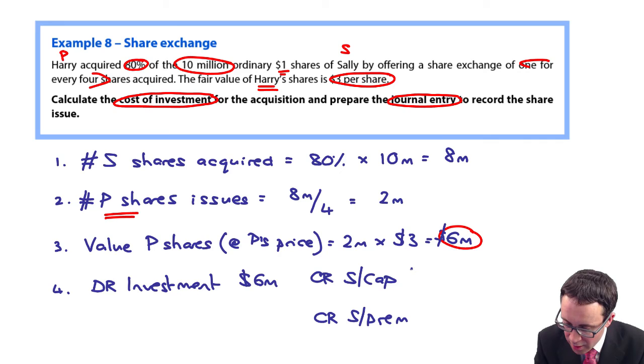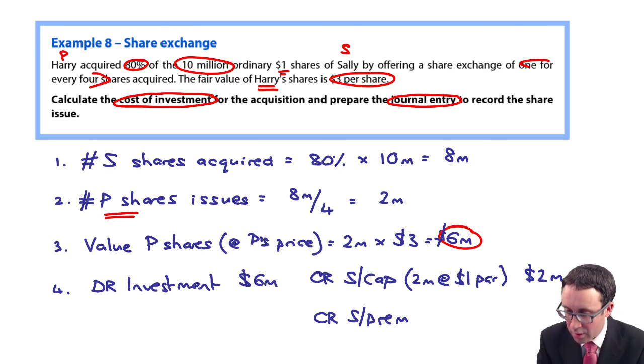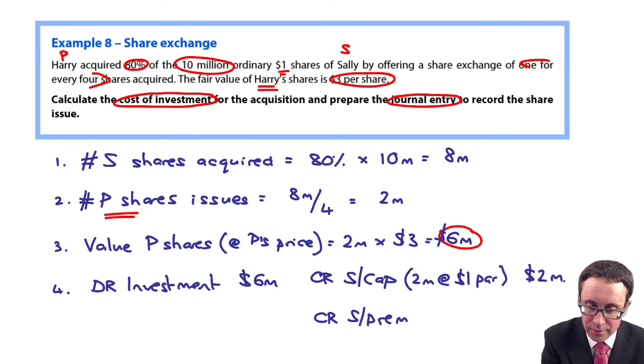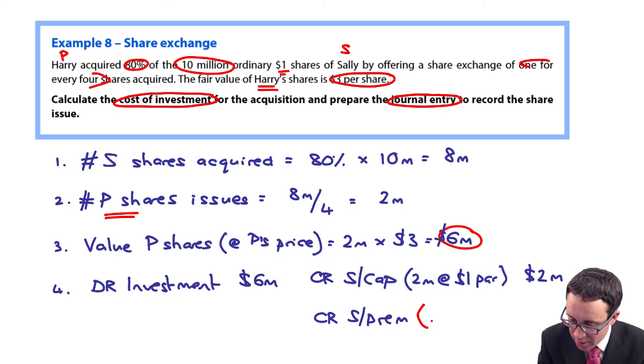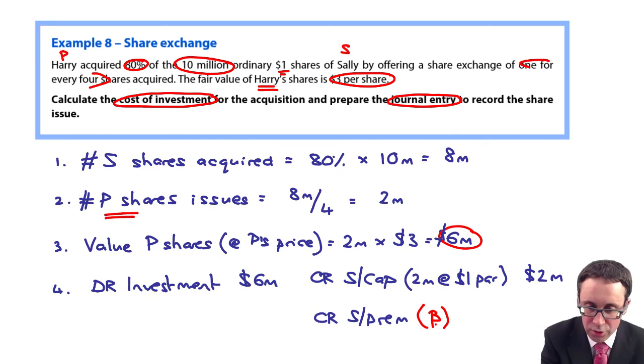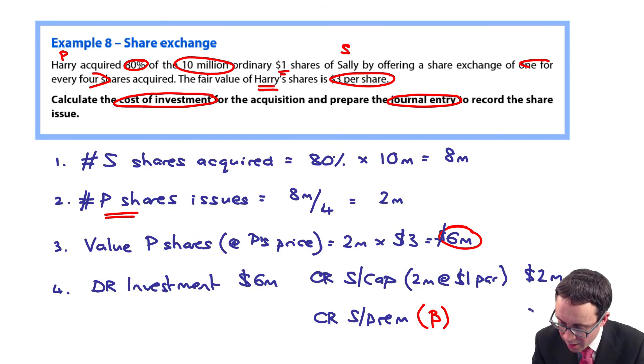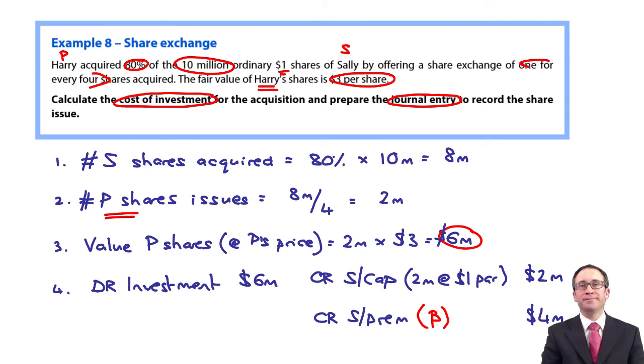So what we've got there is that we issue 2 million at the $1 par value. So I credit share capital with $2 million, and the credit to share premium is $4 million. Okay, there you have it. I've recorded the journal entry. I debit the investment, credit share capital, credit share premium.